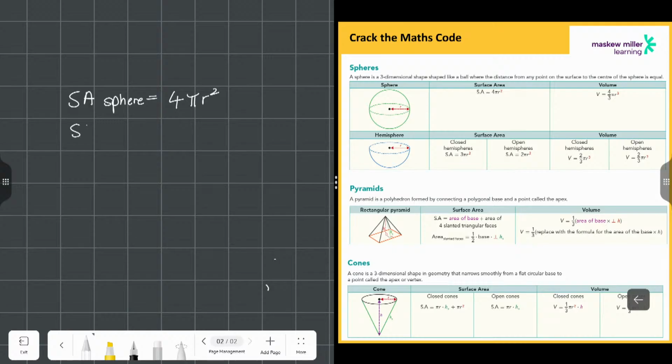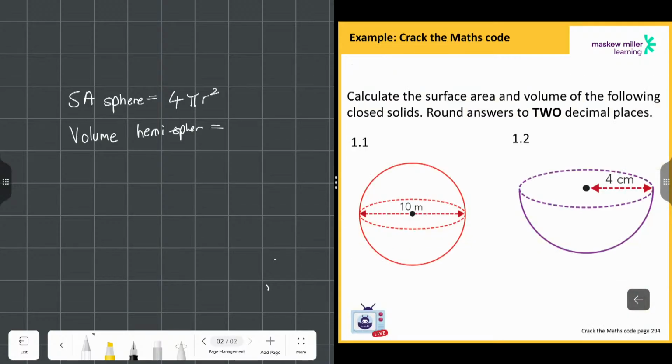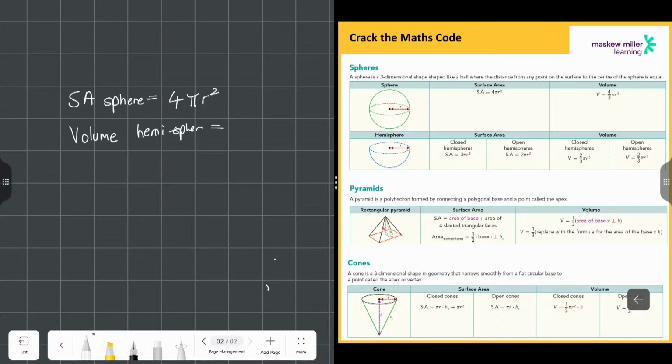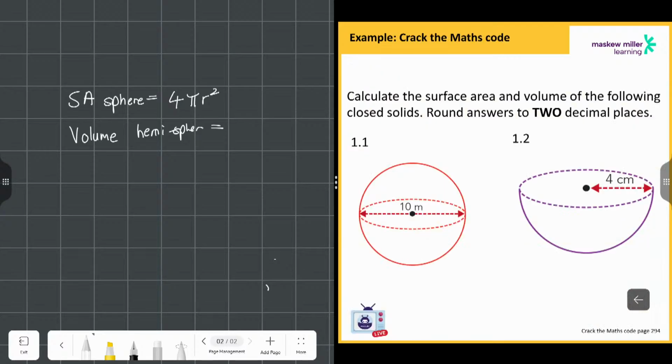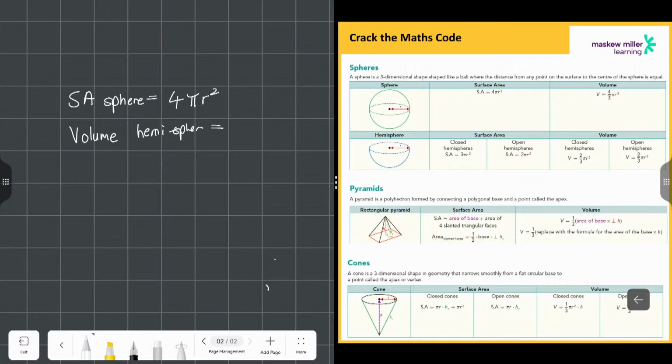The volume of my hemisphere. So volume of my hemisphere, and it is a closed solid. So we're going to use the formula for a closed hemisphere.